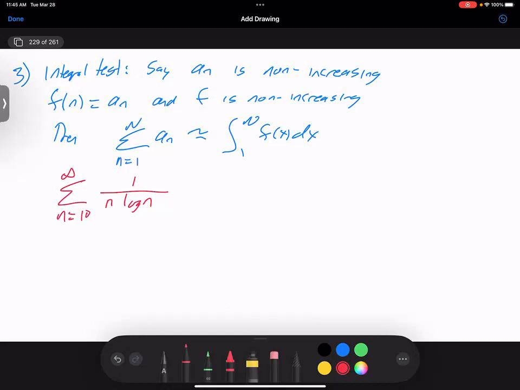at 10. So when you look at this, your first thought is, do the terms go to 0? Yes. We know 1 over n goes to 0. Is this going to be larger or smaller than that? Do you think this is going to be larger or smaller than the series 1 over n?